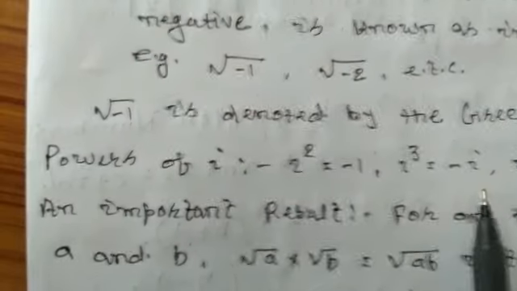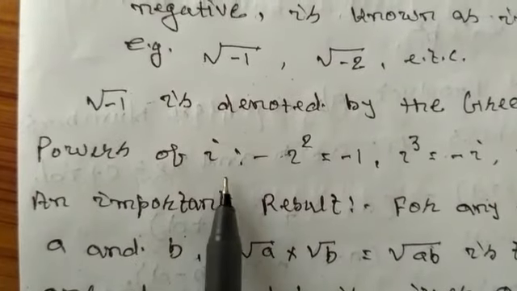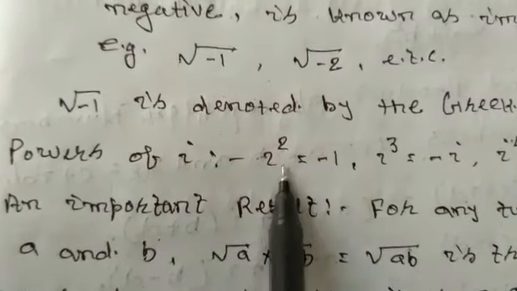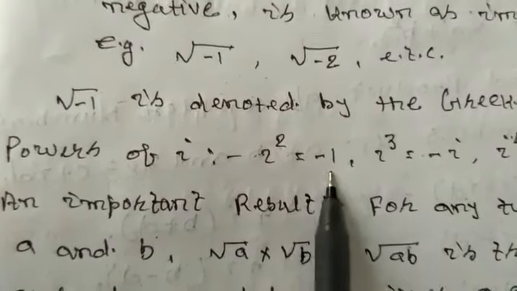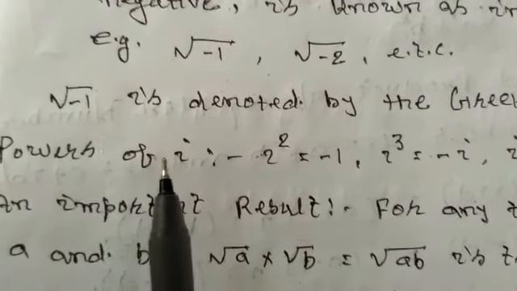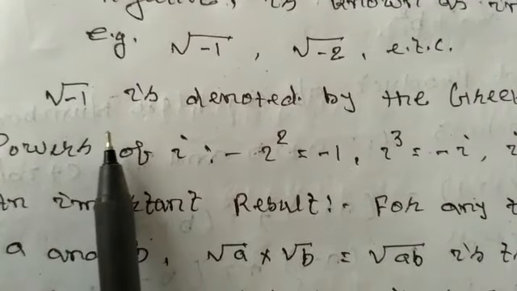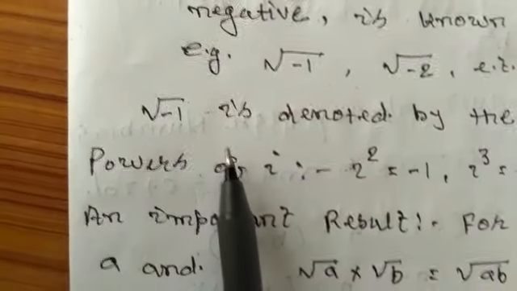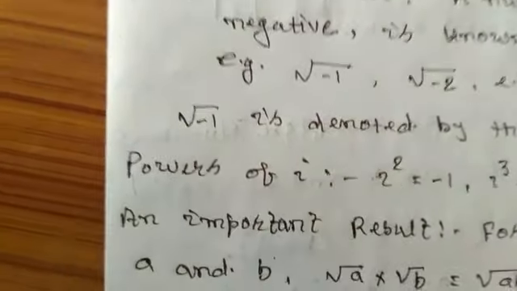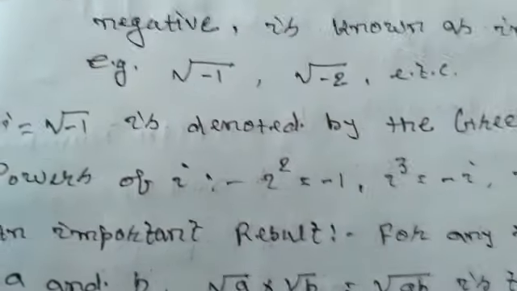Now the powers of i. The powers of i: i square is equal to minus 1, because you know that i is taken as under root minus 1. This is the value of i, i equals under root minus 1.